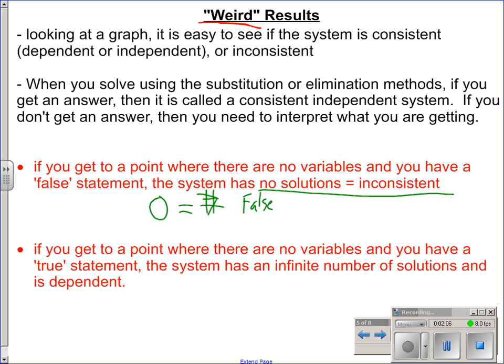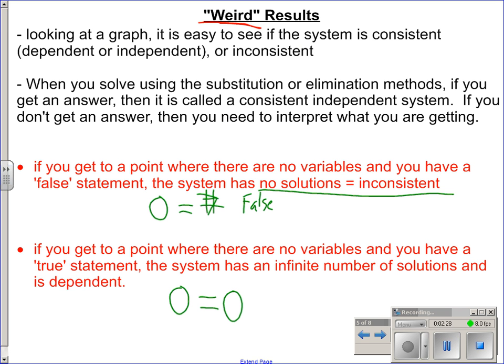The second bullet says if you get to a point where there are no variables and you have a true statement, the system has an infinite number of solutions. So by a true statement, there's no variables, so you're going to get 0 equal to 0. I suppose it doesn't have to be 0 equals 0.